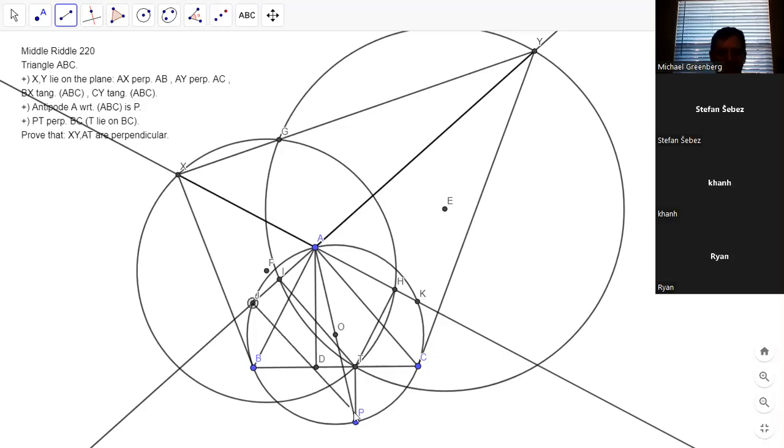Basically, yeah. So we have a lot of parallel lines. This is parallel to this, parallel to this, and this is parallel to this, is parallel to this. And we want to show the power of A with respect to both is the same.